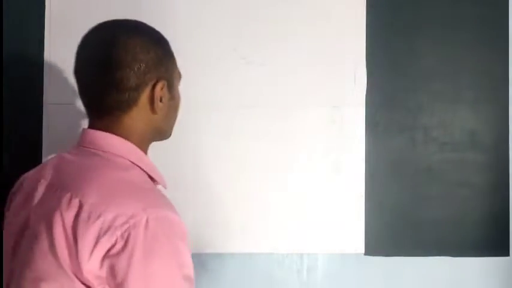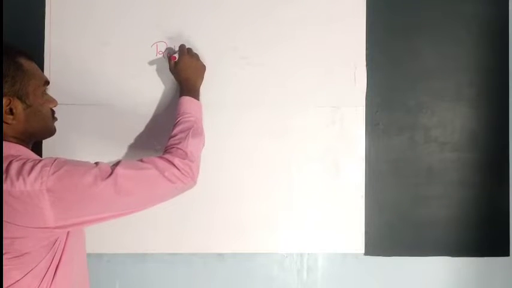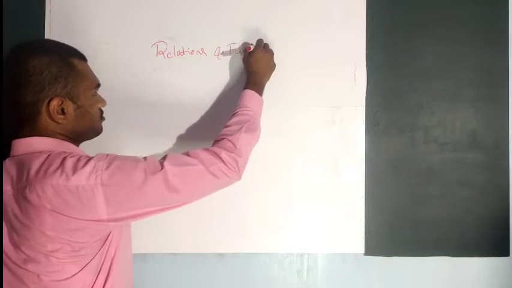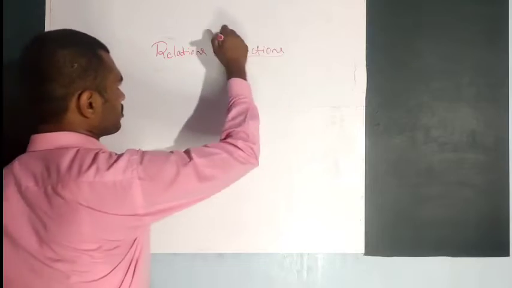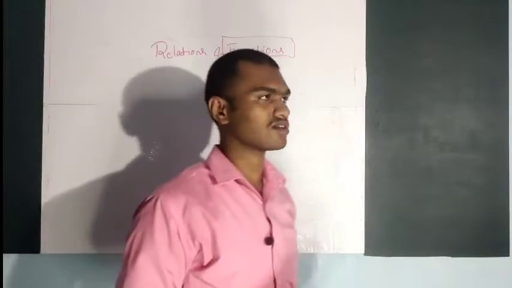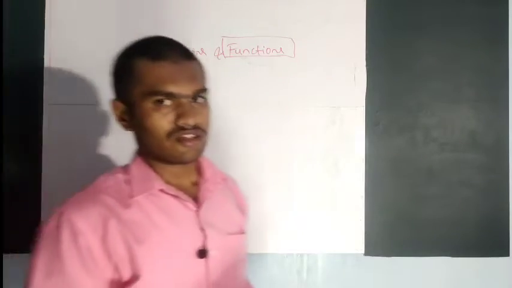Now without wasting time, let us enter into the chapter, relations and functions. As I told earlier, we will study functions in later videos. We will study relations first, then later functions.